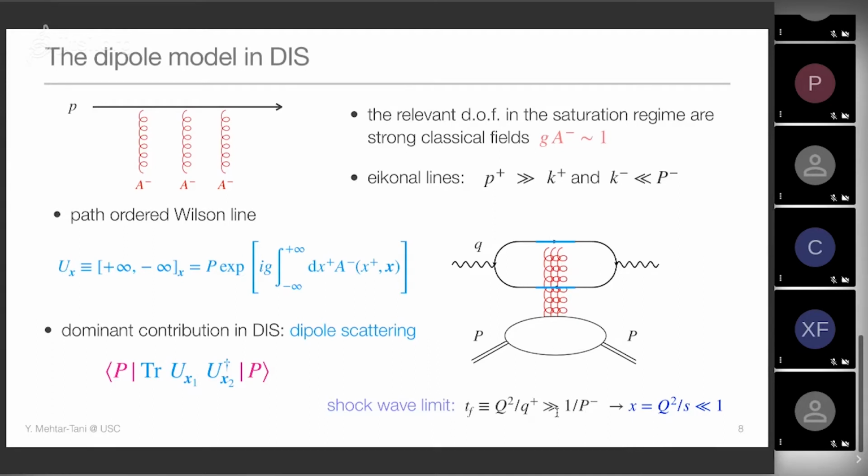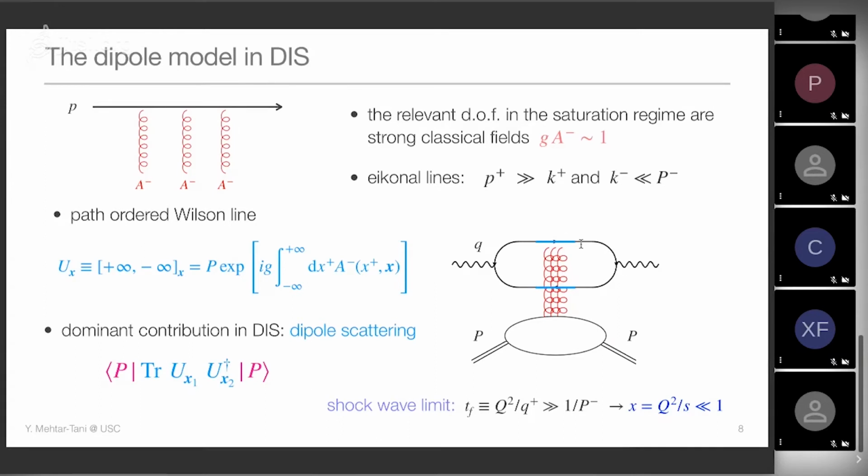So because it goes like 1 over the square root of energy, it can be assumed to be instantaneous as compared to any other process, subsequent or prior to the interaction, which in this case here is splitting. So the splitting happens at early times, and then you have an instantaneous interaction, and then the quark antiquark goes back into a photon here. So the interaction here is described by two Wilson lines.